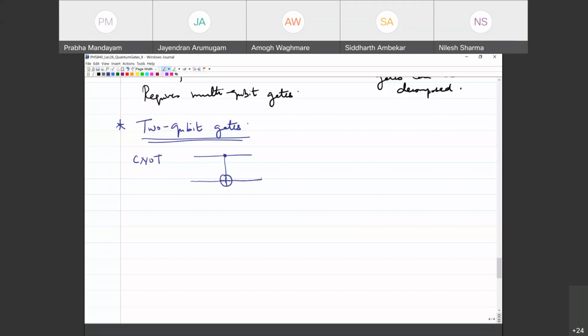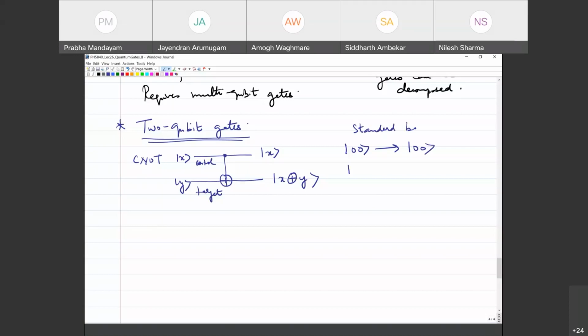This is a circuit representation and you know what it does. So if I have X and a Y, it does nothing to the control. So this is called the control and this is called the target, and it flips the target if the control is set to 1. So in matrix form, let's look at the action on the standard basis.